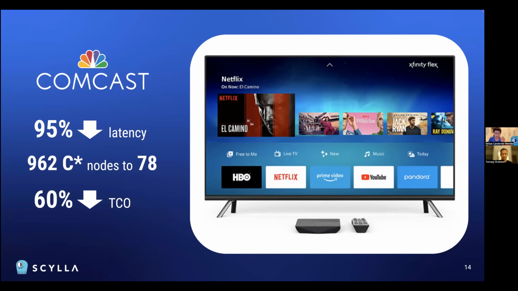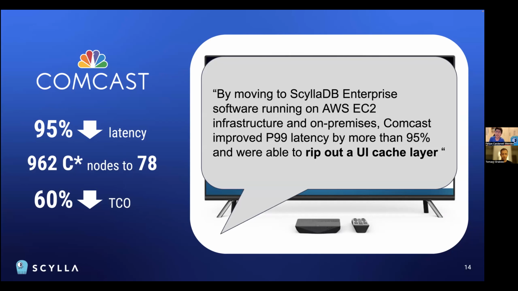They also managed to reduce their previous Cassandra cluster size to only 8 nodes, resulting in 60% TCO savings. Notably, Comcast also had a cache layer to address some of Cassandra's latency issues, which they were also able to get rid of, simplifying their entire operations by going alone with ScyllaDB.